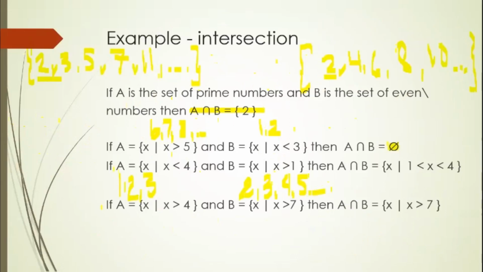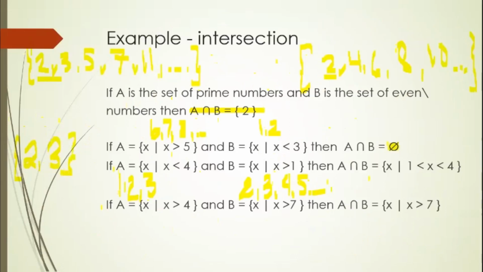There's a curly brackets there. So our answer would be 2 and 3, right? Which are common to both A and B. If we are going to represent our answer in roster form, it would be 2 and 3.